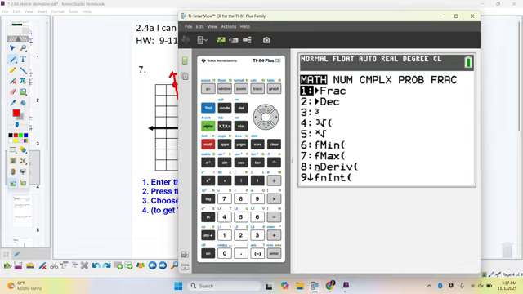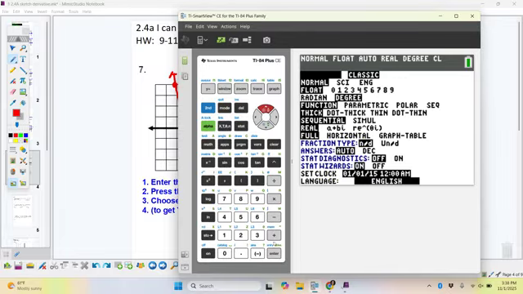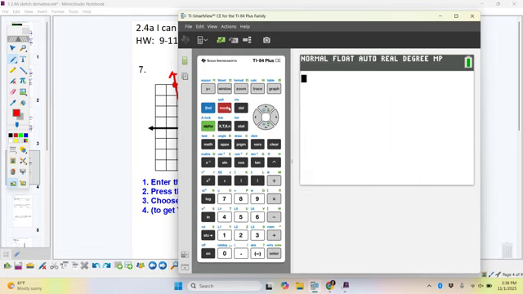Now, old calculators do this in one way, newer calculators do it in a different way, so I will show you both. I'm going to first show you the new calculator way. Okay, go back math, choice 8, and we get this notation of D and then all these squares.